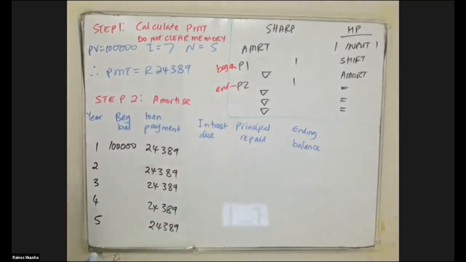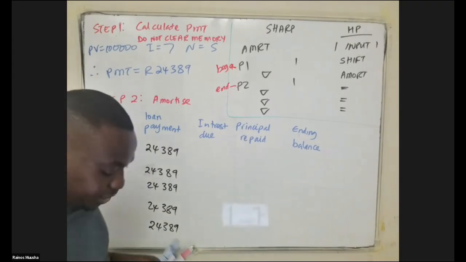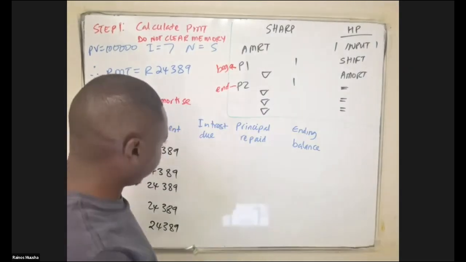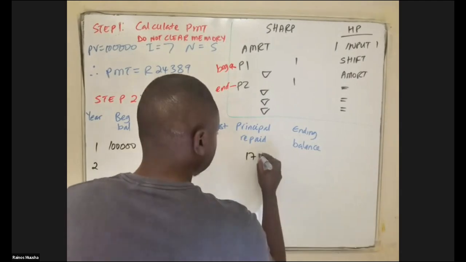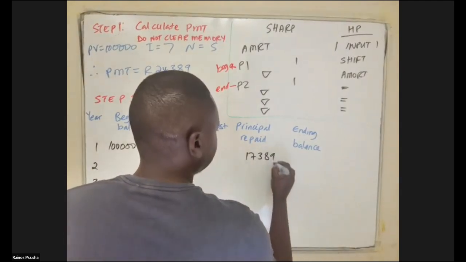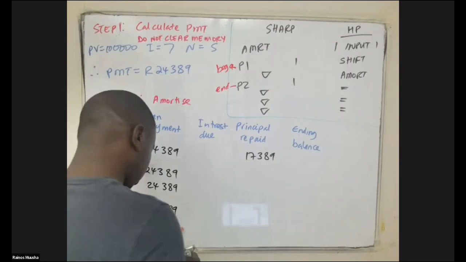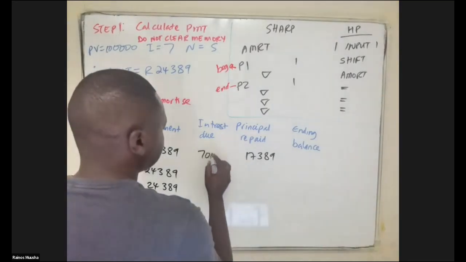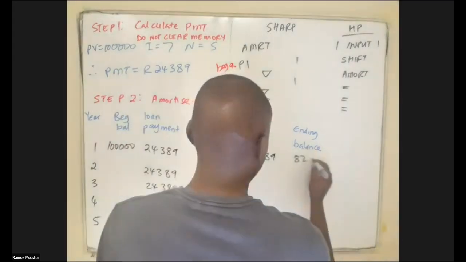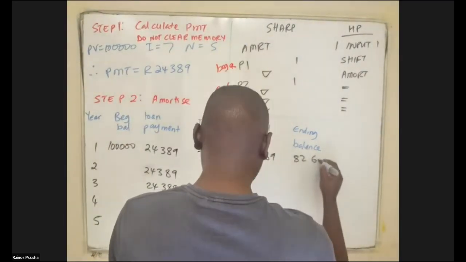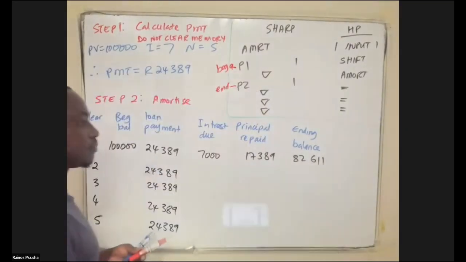So if you do the amortization there, you will see that with your calculator, the principal amount you're supposed to be getting there is an amount of 17,000 for year one, 17,389. And the interest due is going to be 7,000. And the closing balance is going to be 82,611.